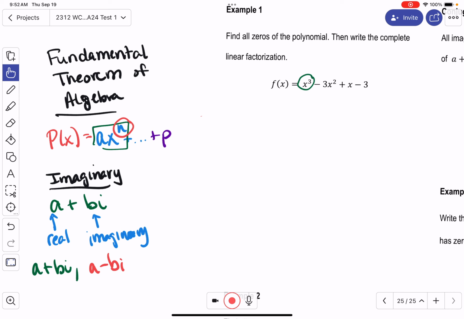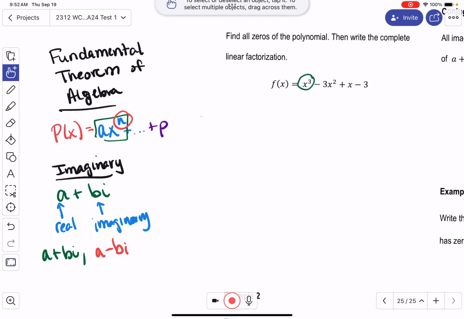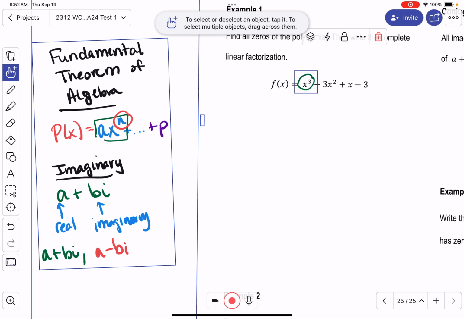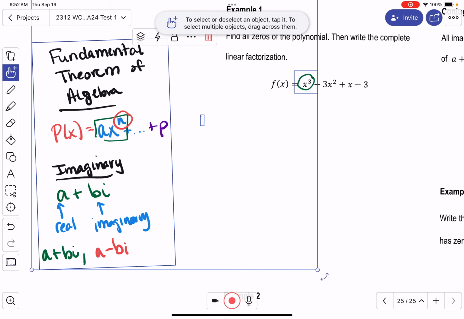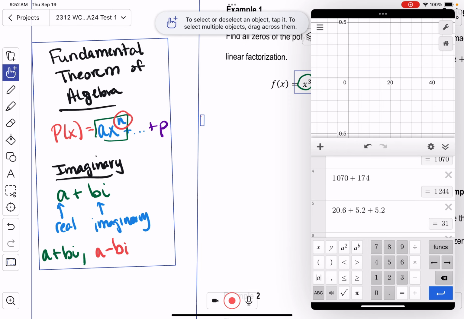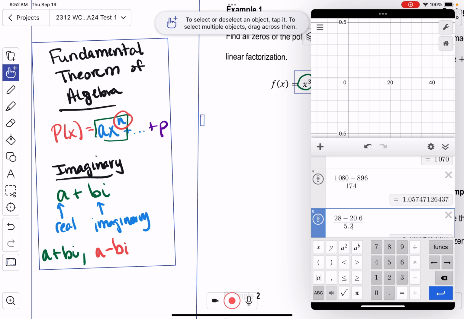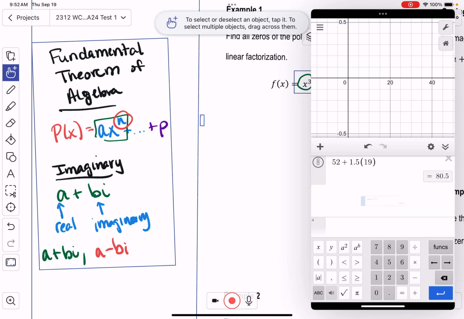We can help shorten this process a little by graphing this function and looking for where it crosses the x-axis. So I'm going to go ahead and graph this function first and show you what I mean.